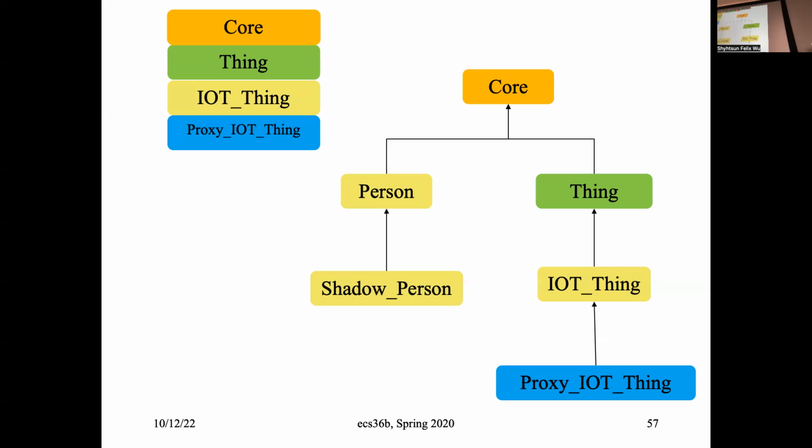But virtual function is not a compile-time concept, meaning that you have to wait until runtime to determine which function you're actually going to call. Right? It makes sense, because when I have a pointer, the compiler doesn't know which function. It could be core, it could be thing, it could be IoT thing, it could be proxy IoT thing. So number one, you have to remember that information. Number two, because it's a runtime decision, performance is going to be slower.